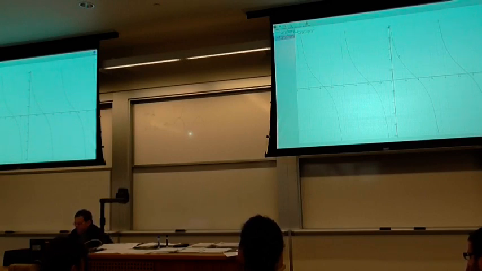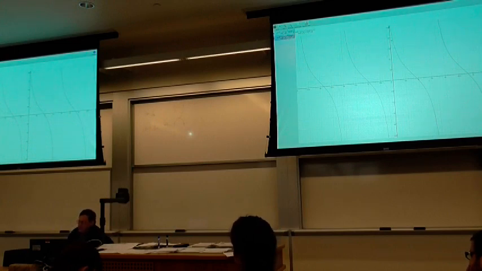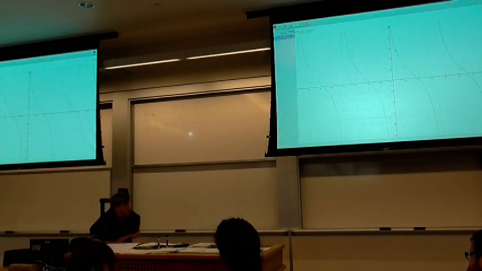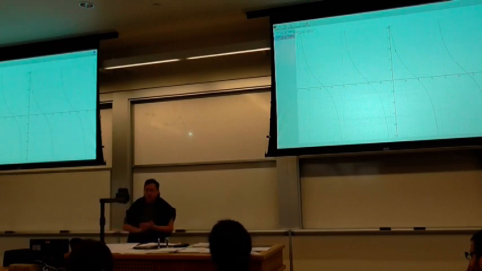Is it this one, or is it this one? Any answers? It's this one, right? Yeah. It goes up more steeply and down. All right, you might want to keep that in mind. Okay. Any other questions about graphing these functions?